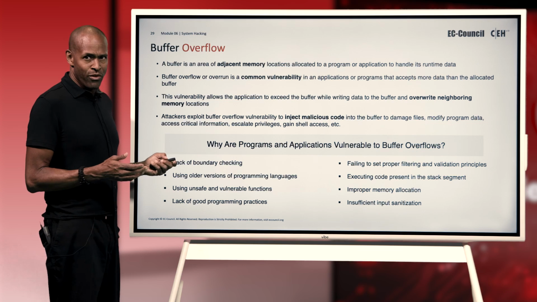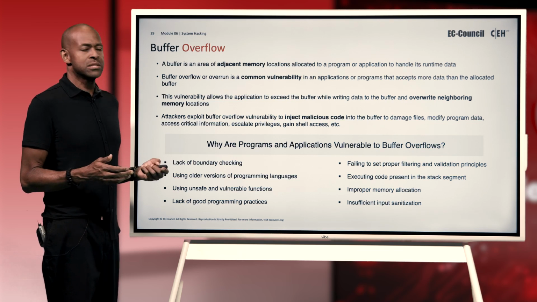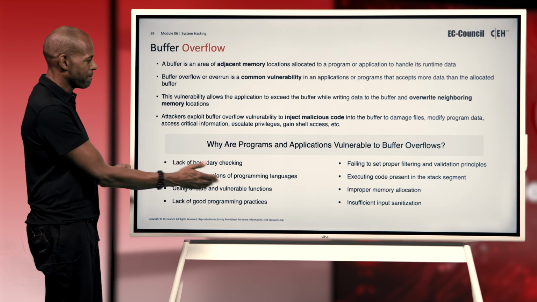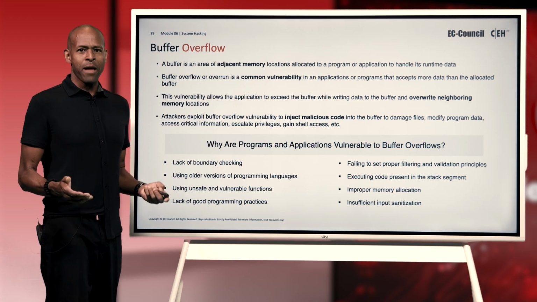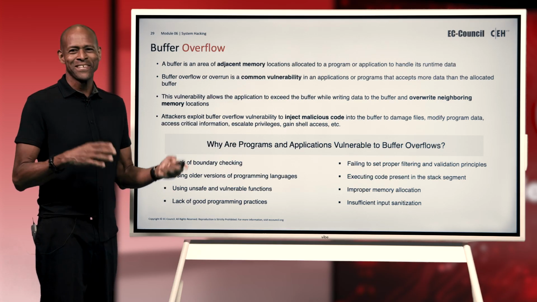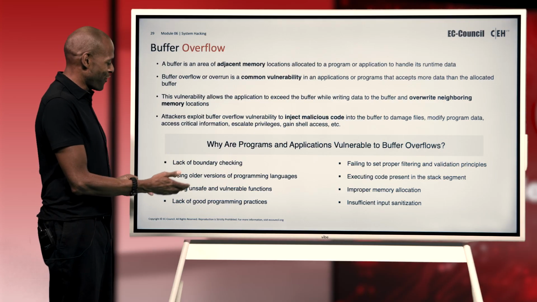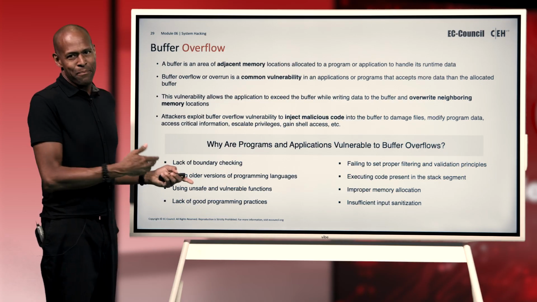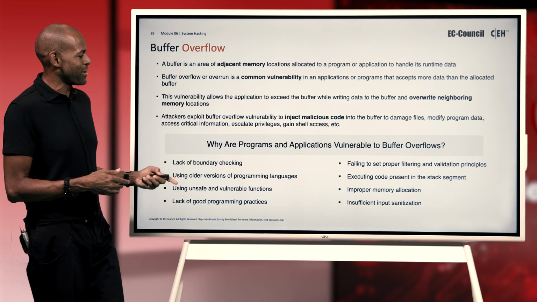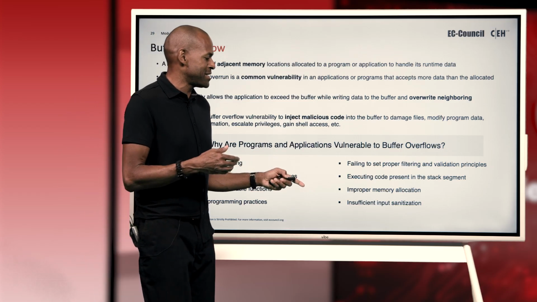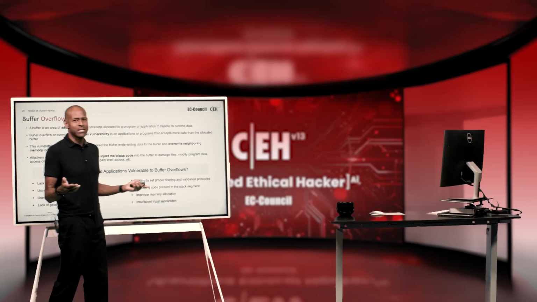And buffer overflows happen because, if you look at all these bullet points down here, it was programmed badly. There we go. Just summarize it, right? They didn't do bounds checking. They had old versions of things. They had bad programming practices. If you look over here, improper memory allocation, insufficient sanitation. So they did a bad job.